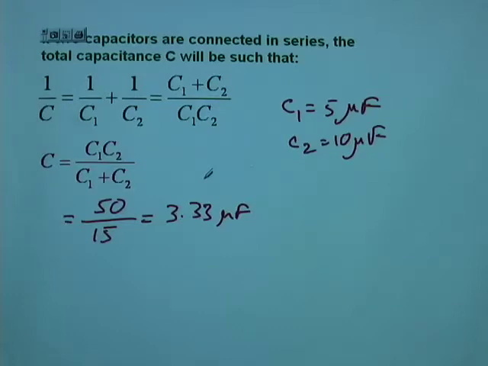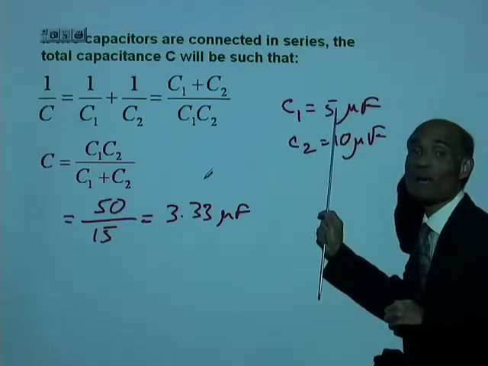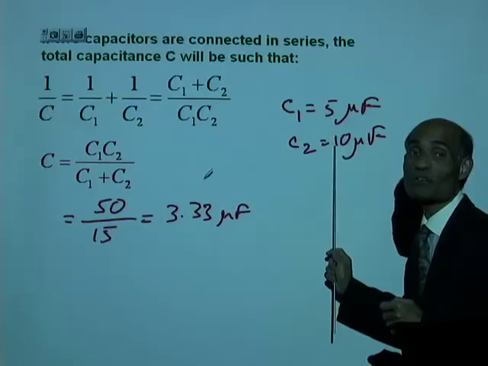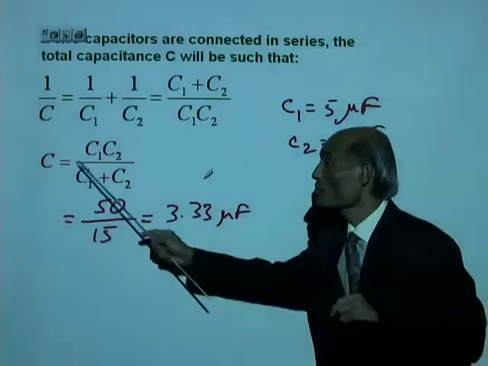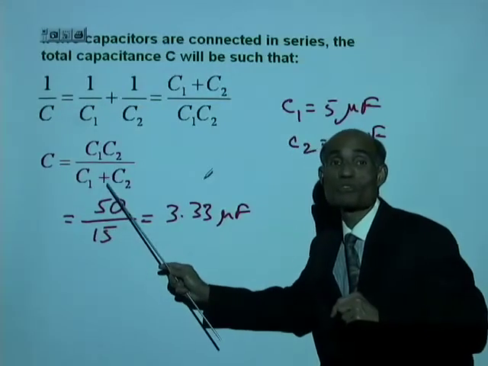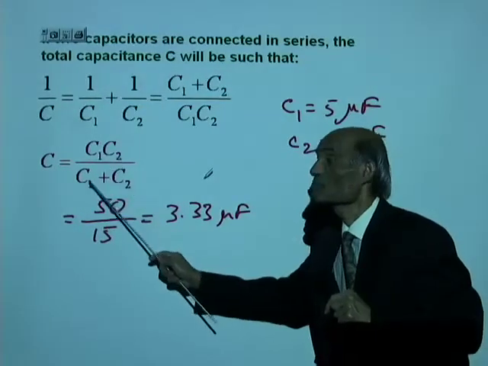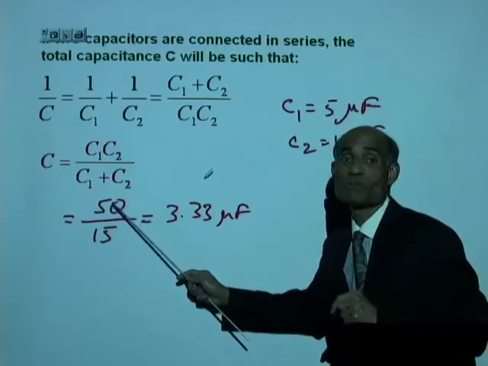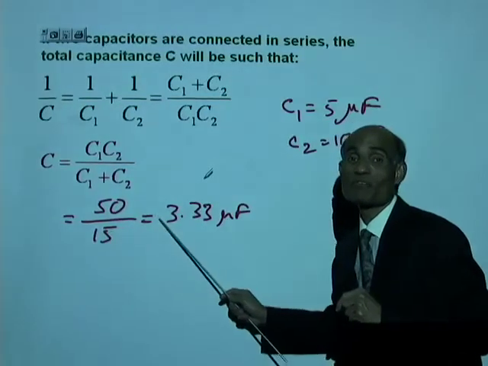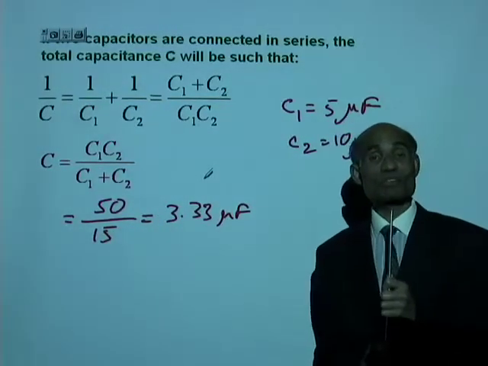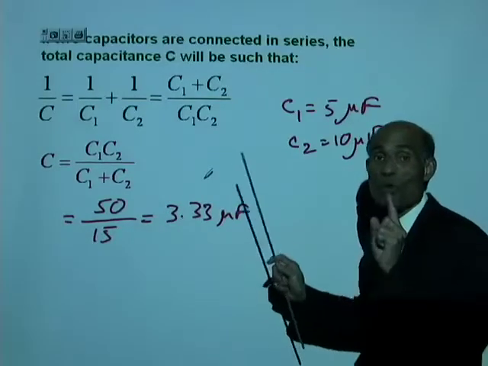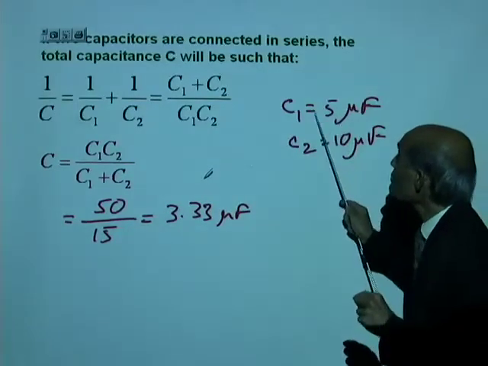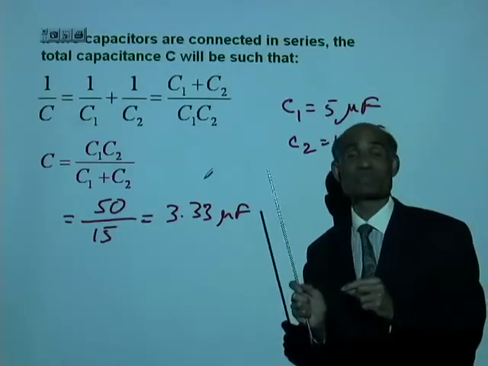So when a 5 microfarad capacitor and a 10 microfarad capacitor are connected in series, the total capacitance of the system is 3.33 microfarad. The total capacitance is smaller than the smallest of the capacitors used.